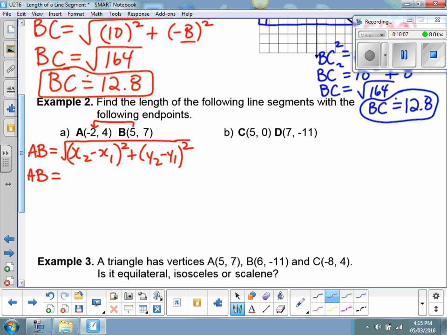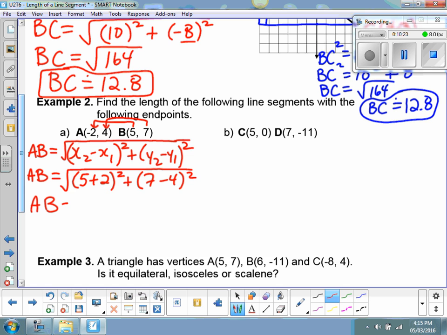So I'm going to do 5 subtract negative 2. So that's going to be 5 plus 2. And then I have to go 7 minus 4 in the second bracket.